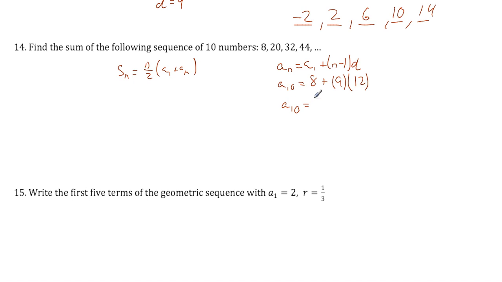So that 10th term is 116. So the sum of 10 terms is going to be the first term, which is 8, plus 116. That gives me 124, and then I multiply that by 10 divided by 2, which is 5. So the sum is 620.